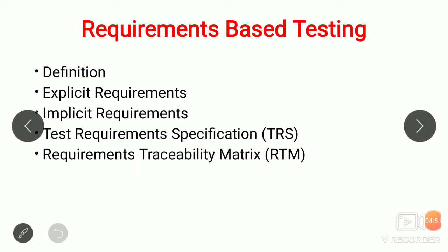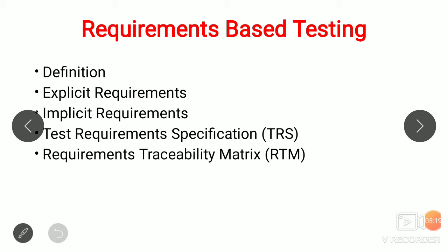Here the RTM is going to trace all the requirements from the first phase itself, that is from the SDLC phases: designing, developing and testing. From all the phases we are going to trace the requirements with the help of the RTM, that is requirement traceability matrix.